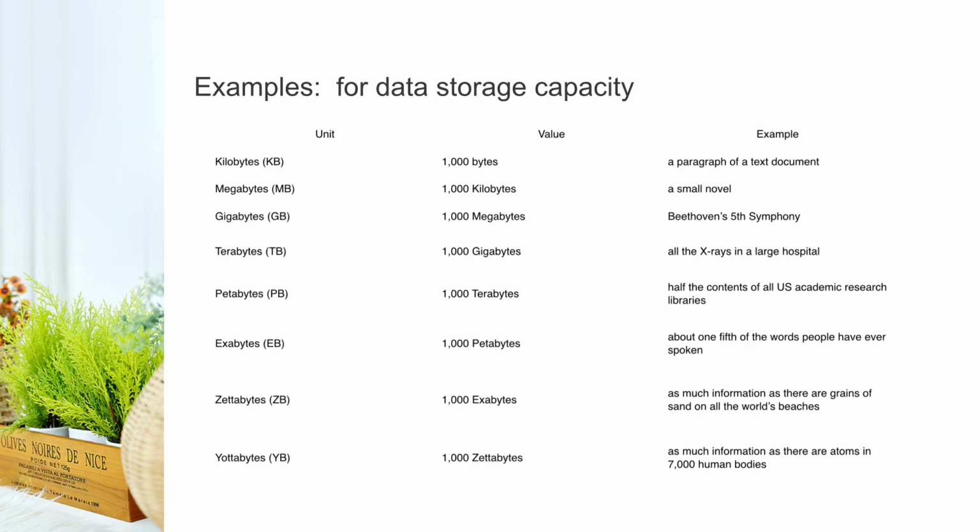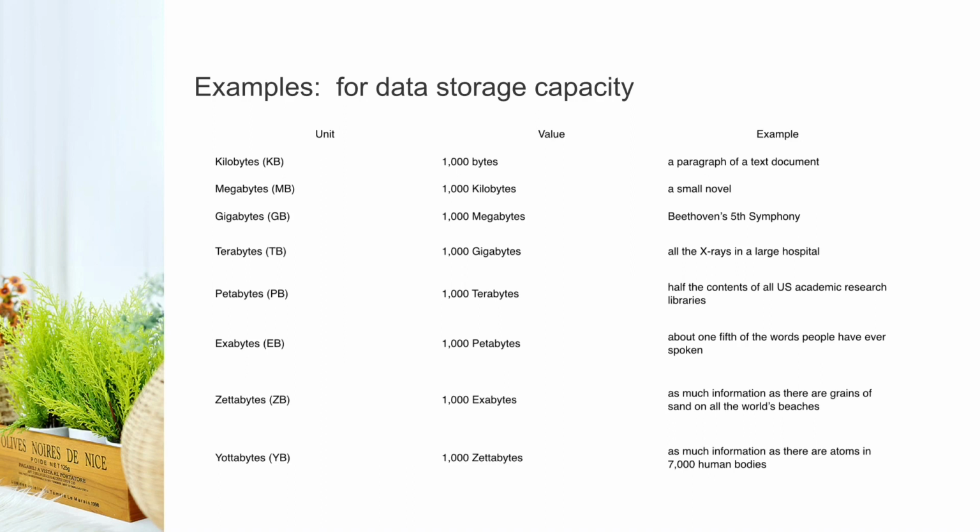The next one is the gigabyte, which is 1000 megabytes. For example, if we want to store Beethoven's Fifth Symphony, we may need gigabytes of storage capability. More than that, we have terabytes, petabytes, exabytes, zettabytes, and even yottabytes.